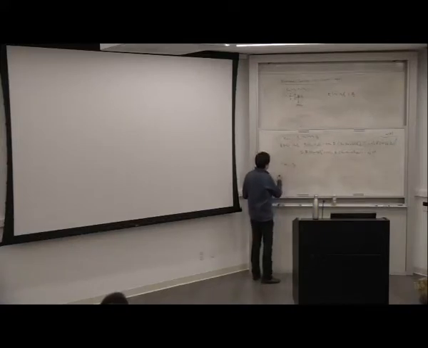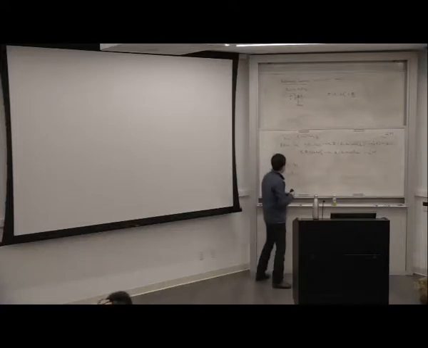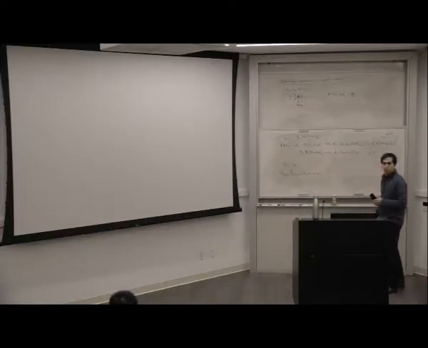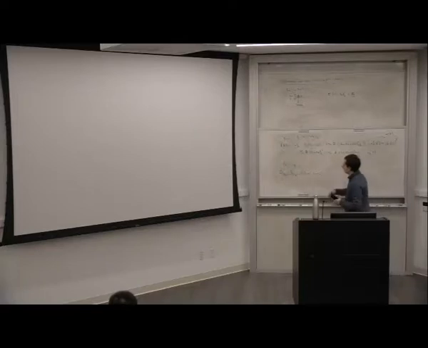If I look at f of x t plus 1 minus f of x star, I'm going to do a first order expansion, so the gradient of f at x star times x t minus x star. This is of course 0, because the gradient at the optimum is 0.